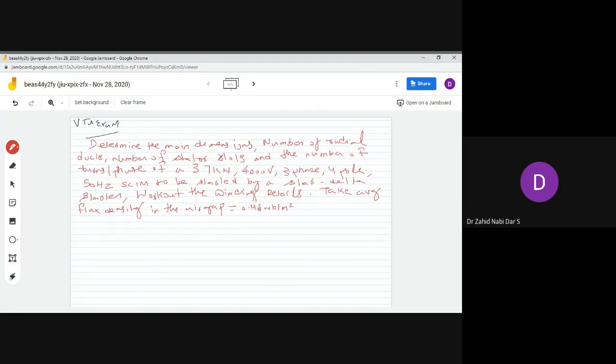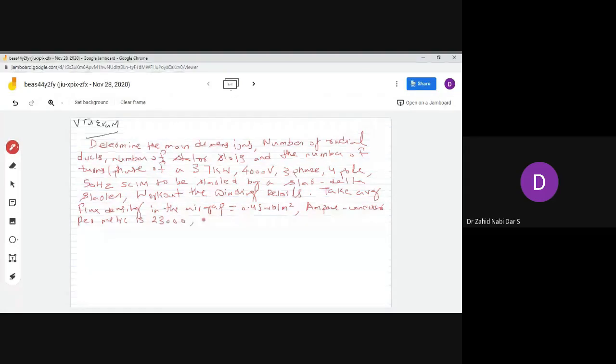Okay, ampere conductors per meter is 23,000.